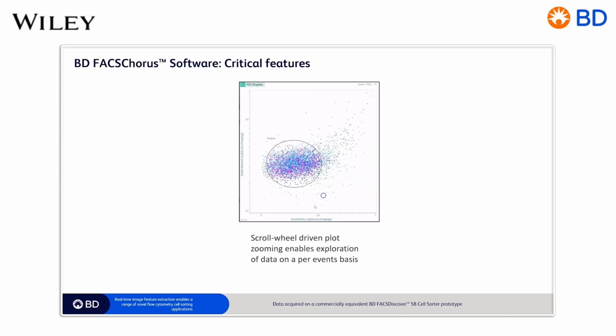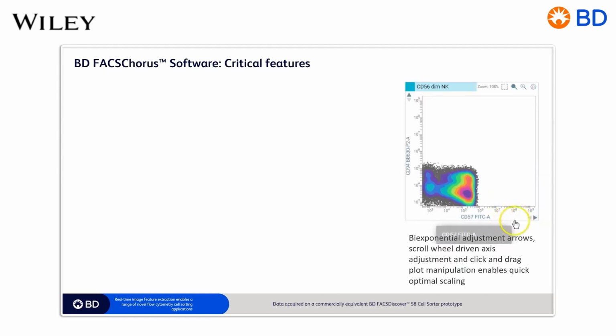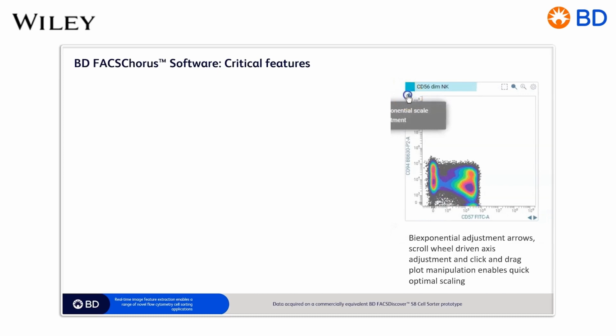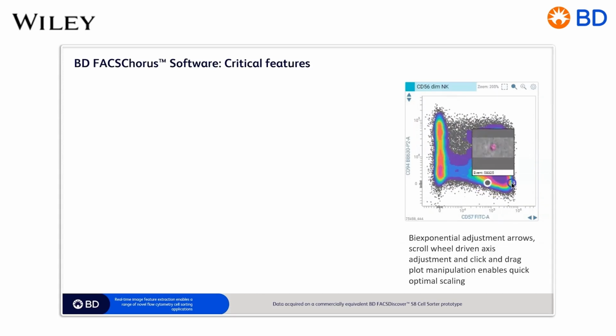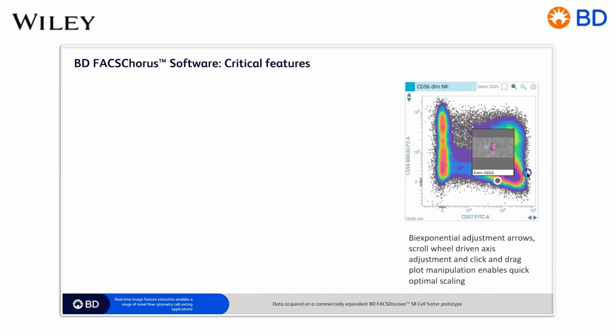And related to that is this other feature, which is very similar, but it allows you to really scale. So this is a biex plot, and these arrows at the top allow you to get your biex scaling exactly where you want it, and then you can actually pick up the whole plot, and you can stretch it and mold it to fit that space that you want.